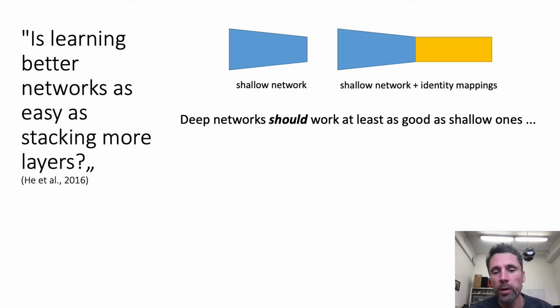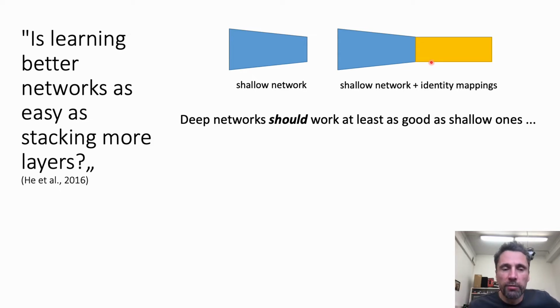So, only 1 year later, the paper by He et al. was published, and it asked a pretty intuitive, logical question. Can we get better networks by just stacking more and more layers, going deeper and deeper, adding more and more parameters?